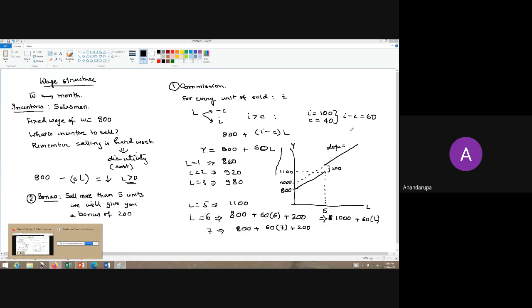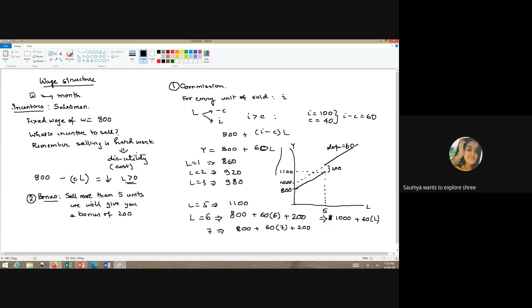Yeah, the slope is the same, both are the same. The intercept is different. So in both cases, the slope is the same. What happens? We move from here. We say there's a kink in the wage function.